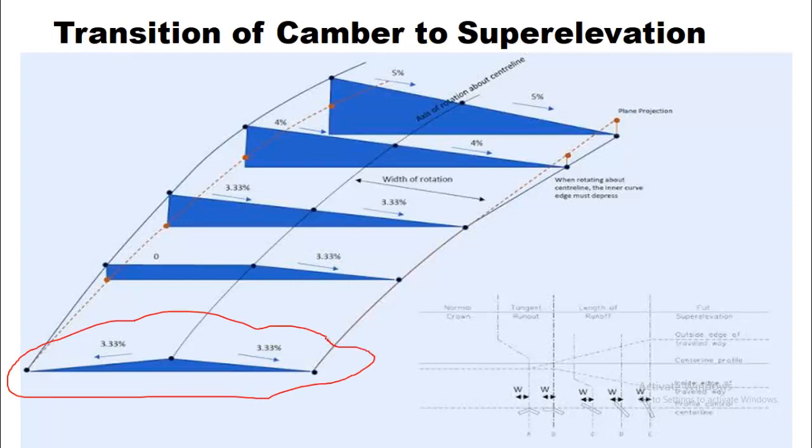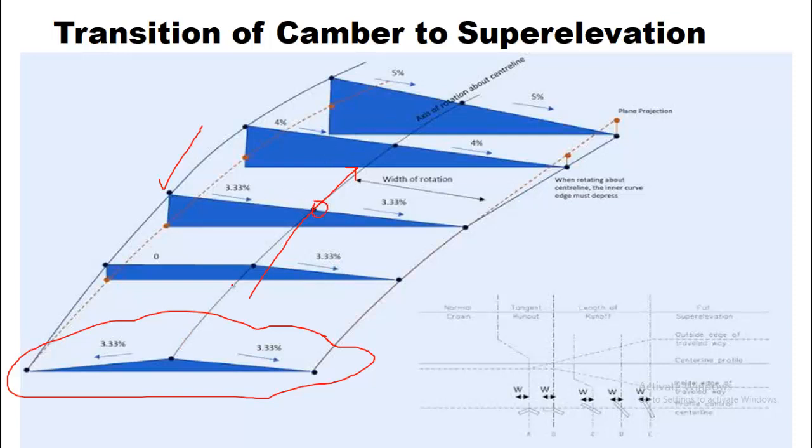This is the straight portion of the road, and when there is a curve in the road, a super elevation is provided. As you can see over here, this is the straight portion. Then as we go in this direction, the outer edge of the road is slightly raised compared to the center line of the road. So this is super elevation.